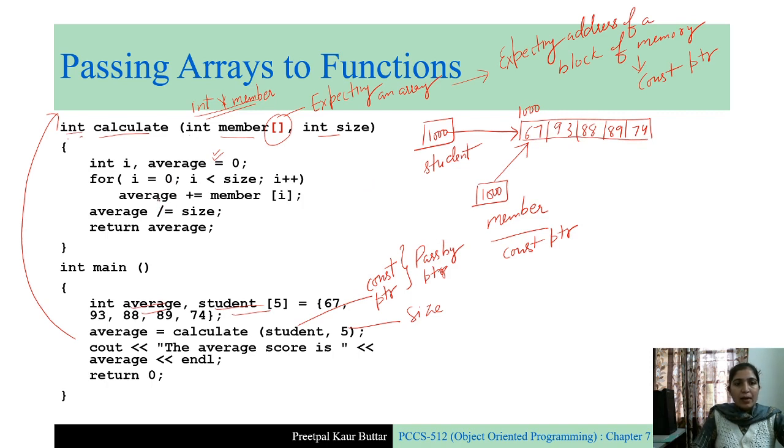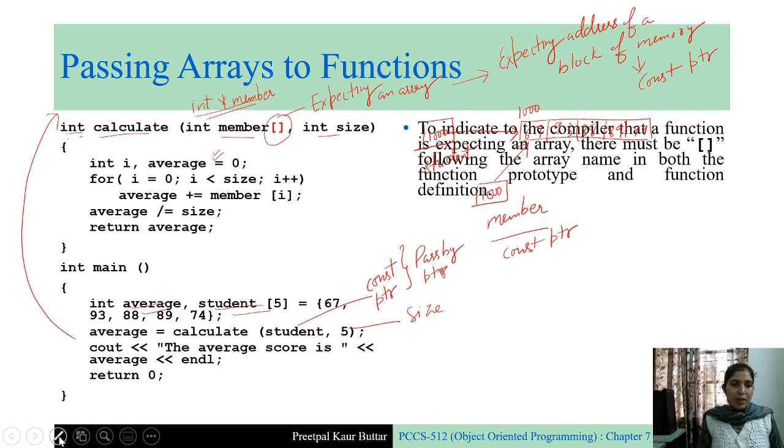And then it is doing average equal to average plus member I. So it is adding all these values: 67 plus 93 plus 88 plus 89 plus 74. And when this loop ends, we are doing average equal to average divided by 6. So the total will be divided by the size of the array, and then it is returning the answer. The answer will be printed in the next line, right?